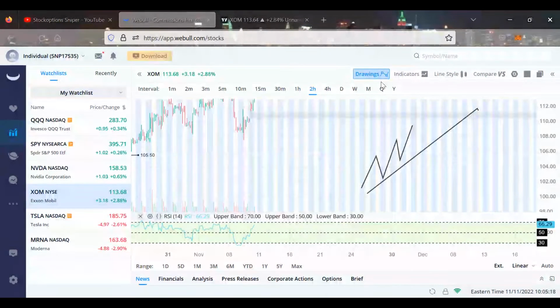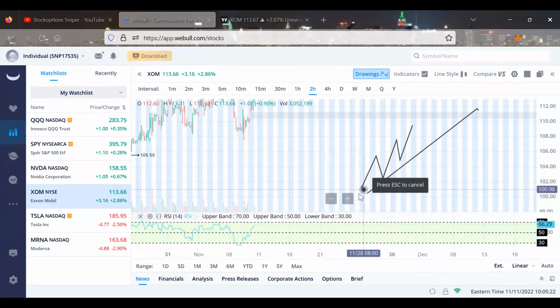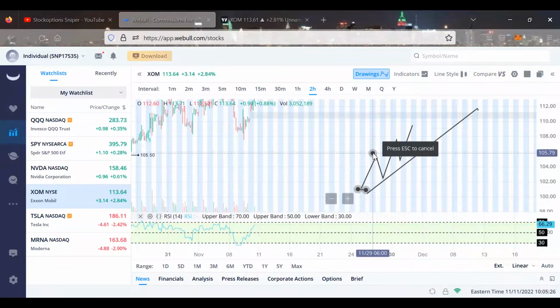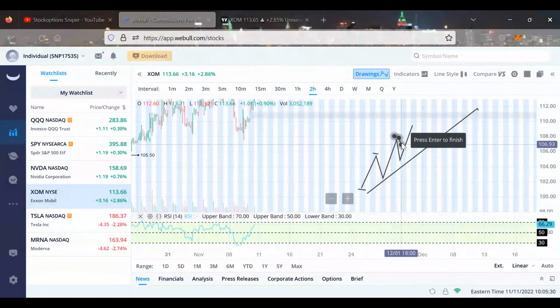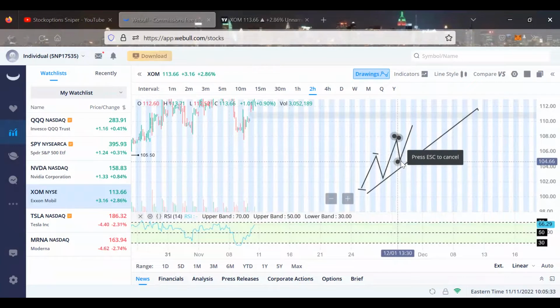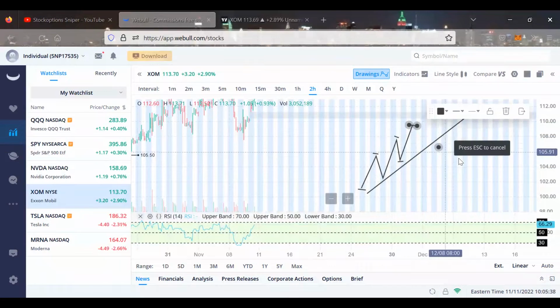Let me stay in drawing mode for a sec. There's liquidity up in these lows, up in these highs. That's what's happening here.